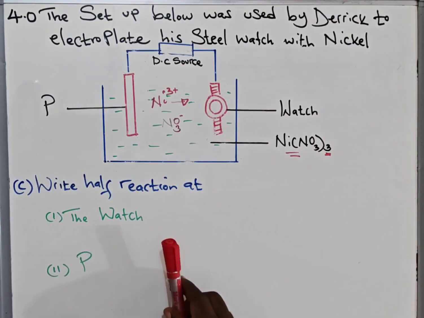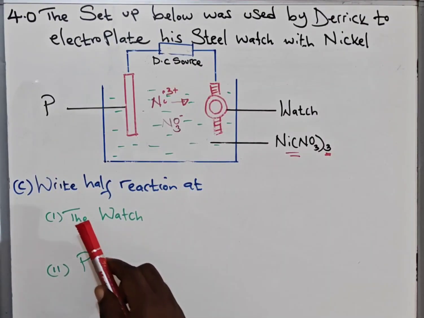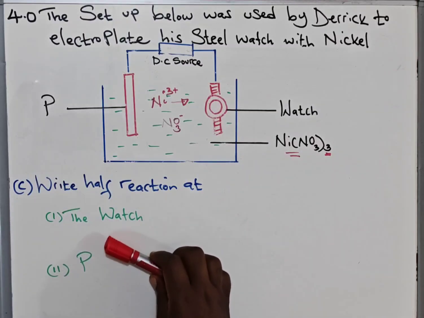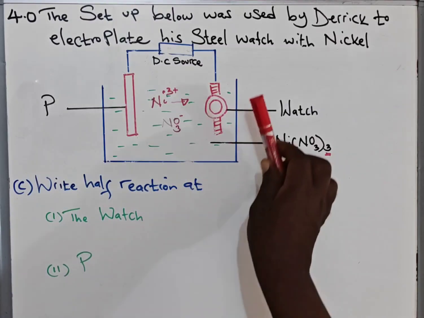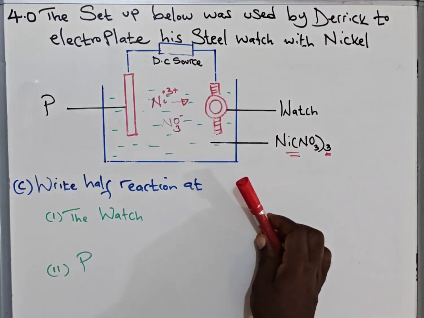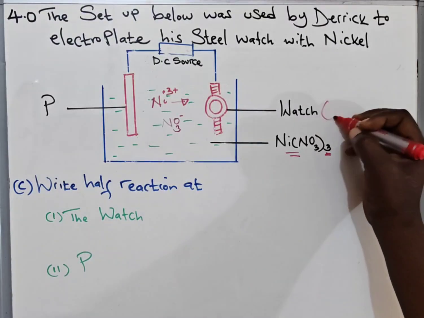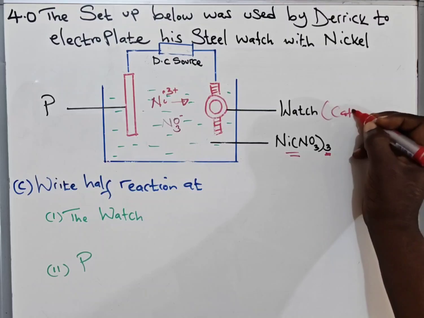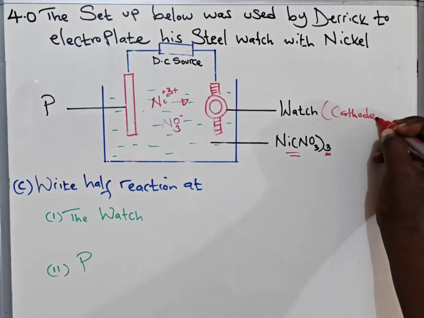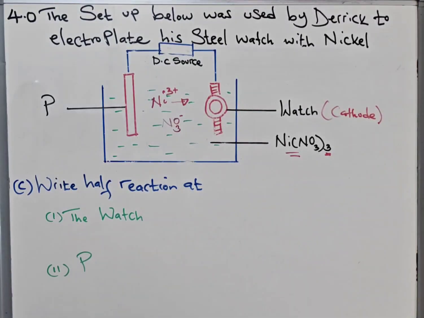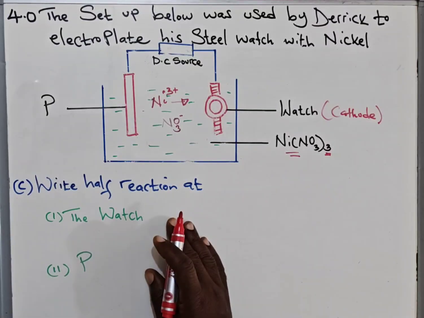Then we come to this question. It says that write the half reaction at the watch. So this is the watch, and you must remember that we have already identified our watch as the cathode. And what type of reaction occurs at the cathode? It is reduction. So how do you go about this?